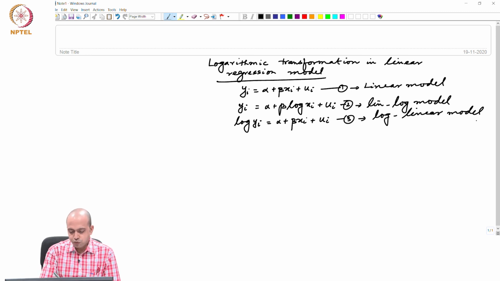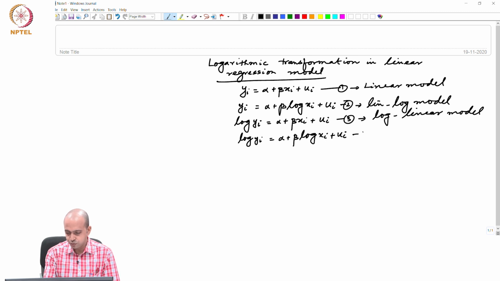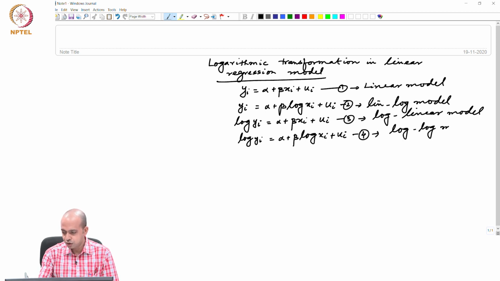And possibility 4 is log of yi equals alpha plus beta log of xi plus ui. This is possibility 4, which is called log model, or sometimes the double log model.